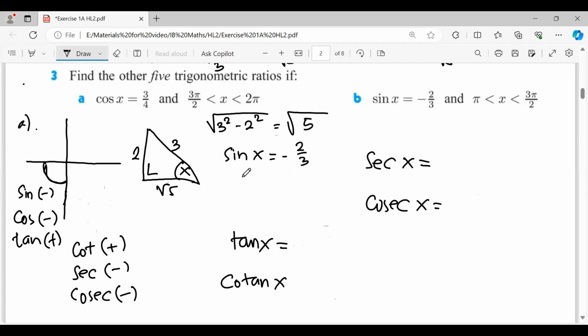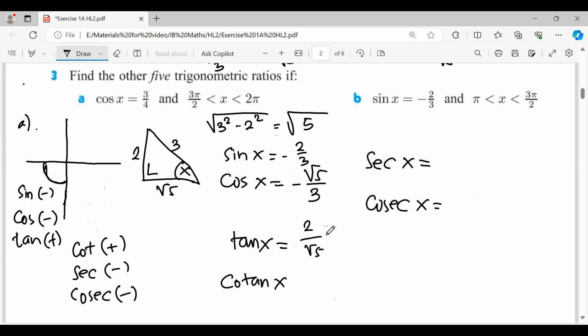Sine x is already minus 2/3. Cosine x equals minus as well, root 5/3. Okay. Tangent is positive 2 over root 5.